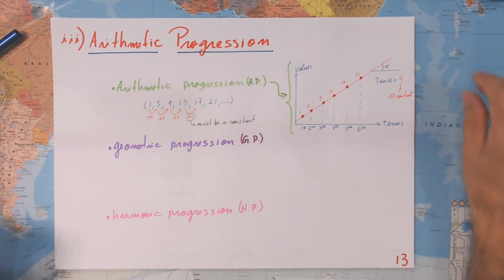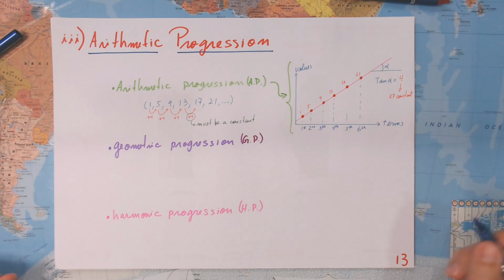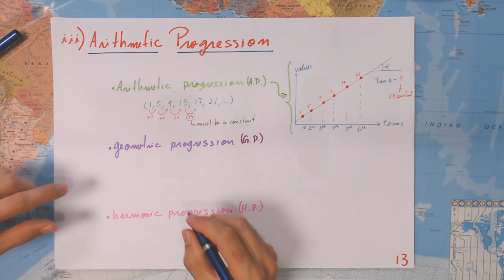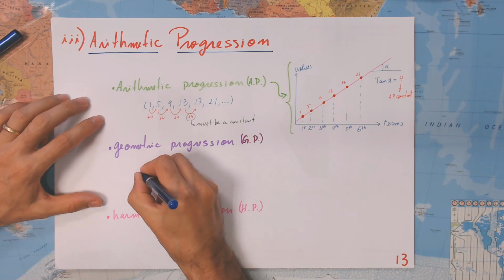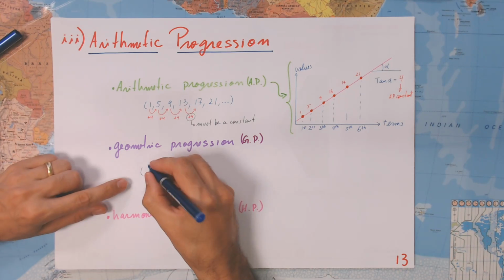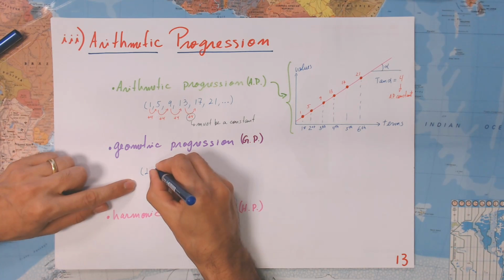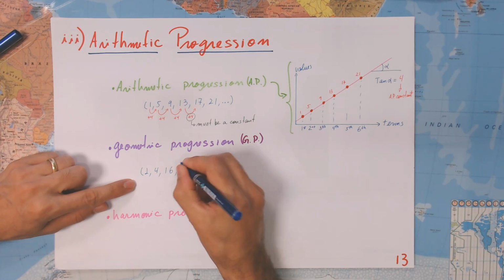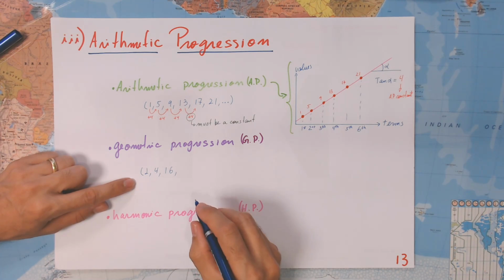Well, for that we have something a little bit different, and we are not going to add things, we are going to multiply things. Now let's imagine something like this, like 1, 4, 16. I'm always multiplying by 4.